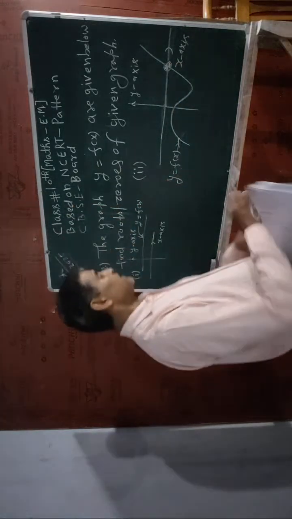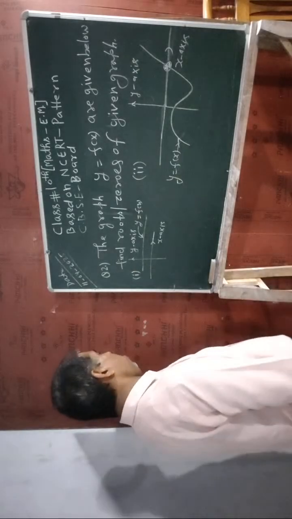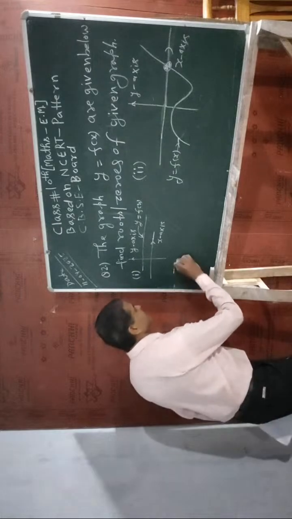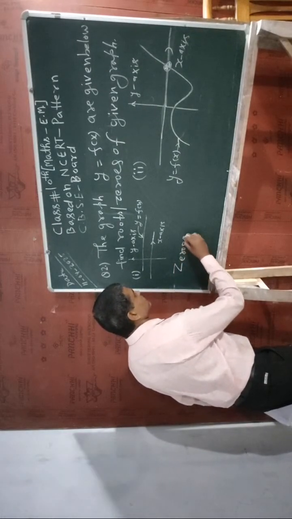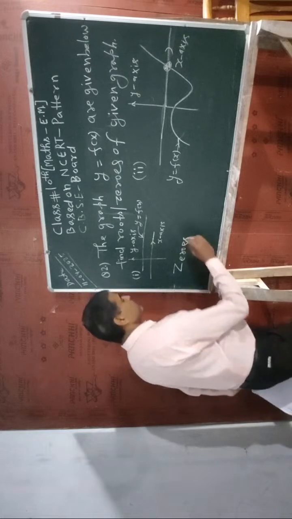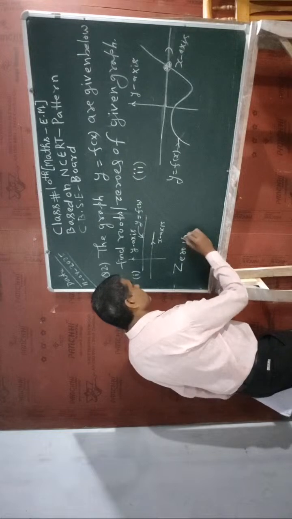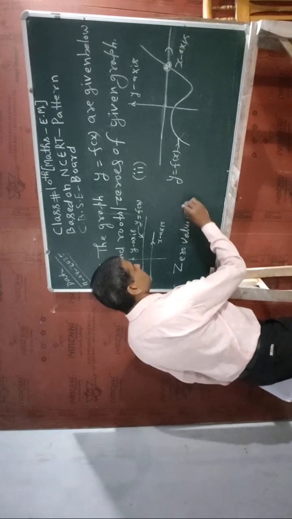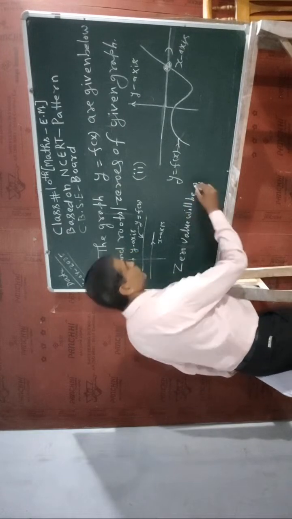Okay, student. Now next question and next diagram I am going to explain. Now first of all I will write its zero value. Its zero value will be 0.